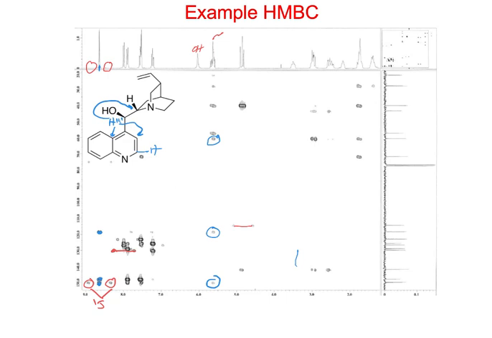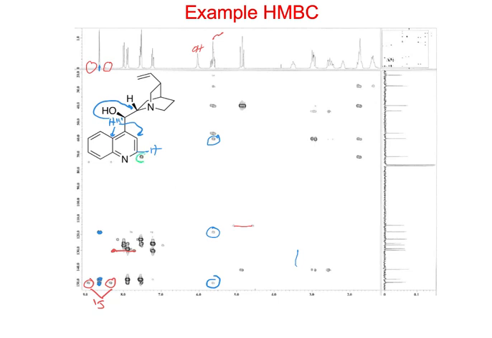Let's see, the other thing we could have is this one right here. Okay, so remember what I said, that this is a small doublet and that there was a small doublet here as well. So I think we might come down to here, and this is that small doublet, and it's going to the carbon bearing the OH.